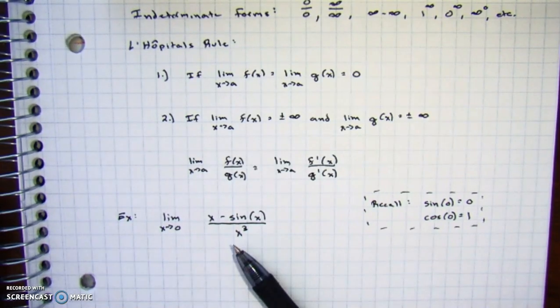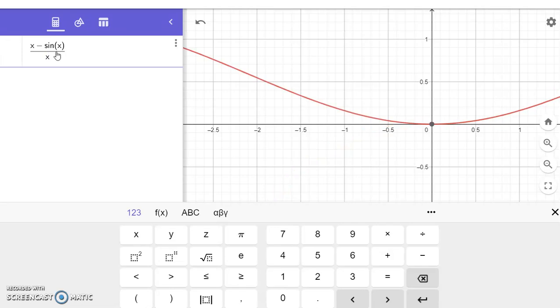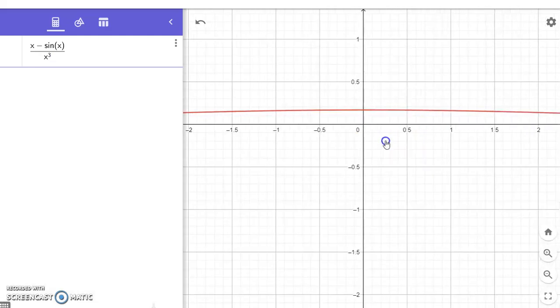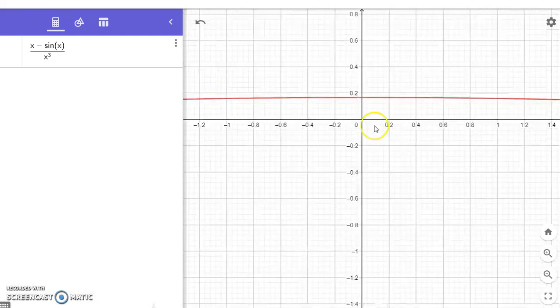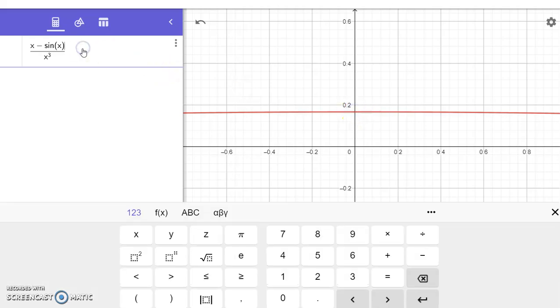But let's graph this real fast. So we've got x minus sine of x all divided by x cubed. There we go. All right, so we can see that that's not the case.